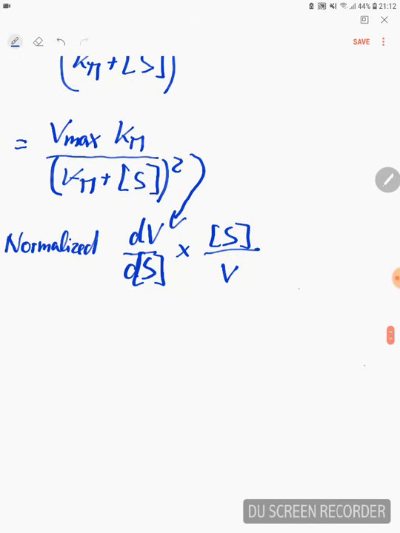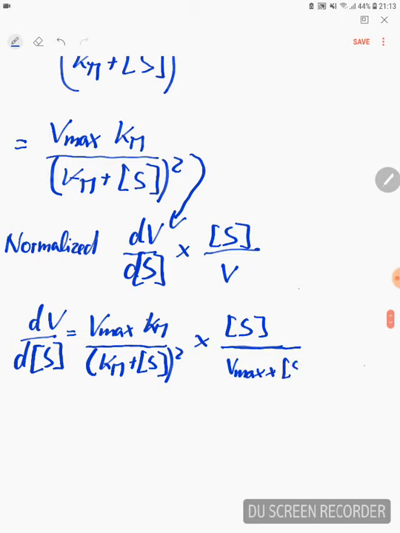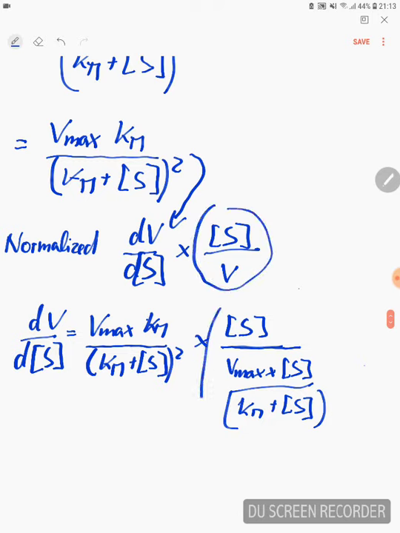We have just done this one here: dV over dS, and we said this is Vmax Km over Km plus S squared, times S divided by, and going back to our Michaelis-Menten equation, this would be Vmax times S divided by Km plus S. So that's here this normalizing factor.